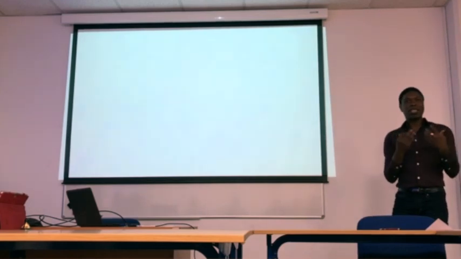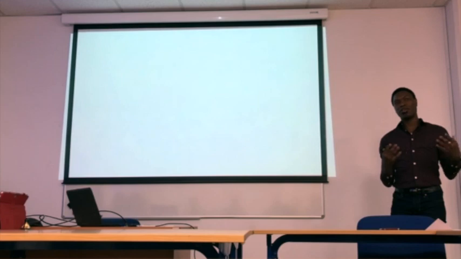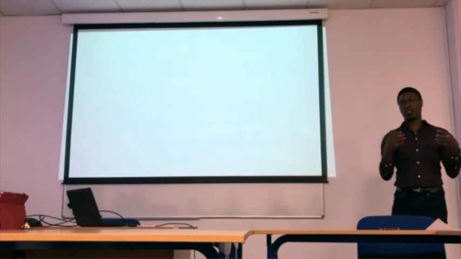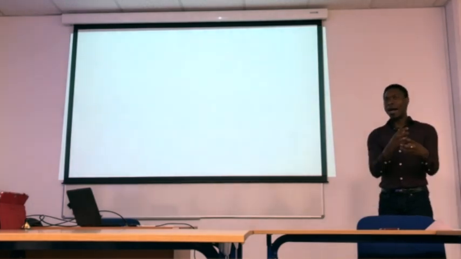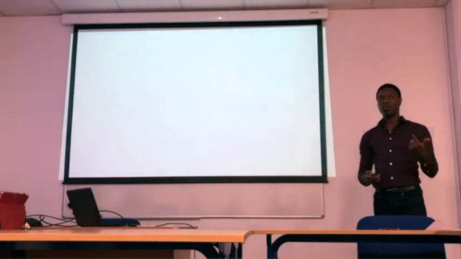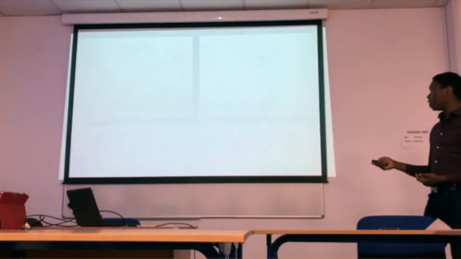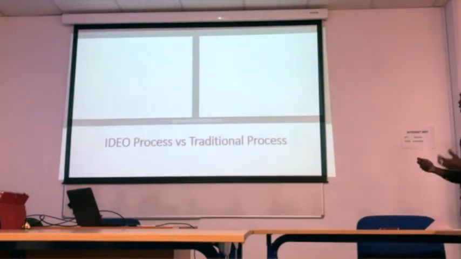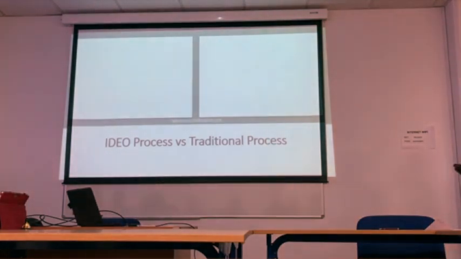But it isn't really different. We are going to see that this is just a combination of the different steps from the traditional design thinking process. That's why we are going to compare the ideal process versus the traditional process.